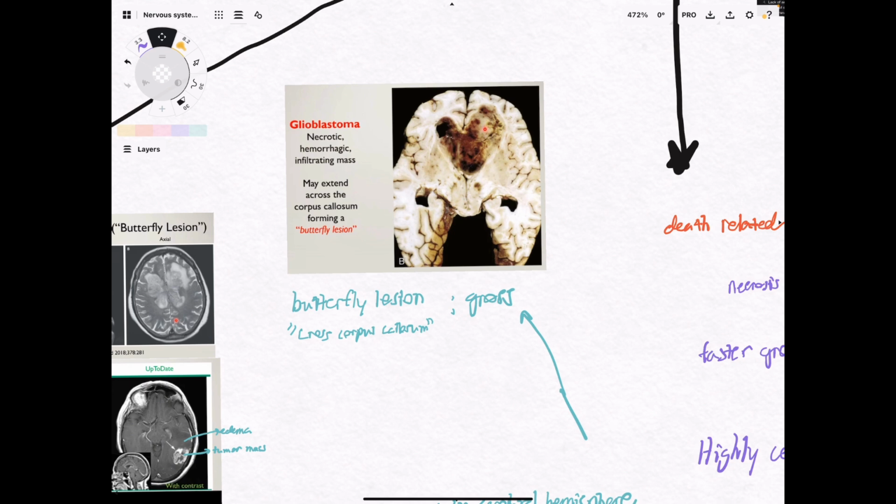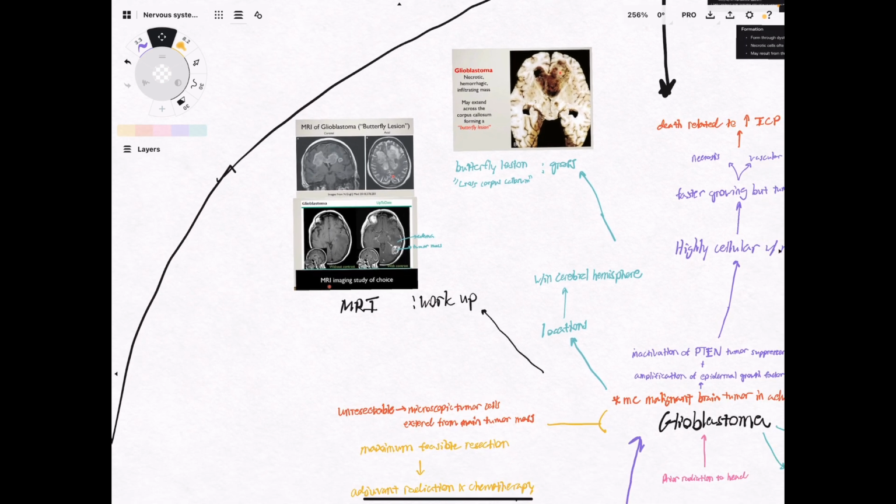And on gross image, sometimes they can present as a butterfly lesion. What a butterfly lesion is: you have the corpus callosum separate the two hemispheres. Well, glioblastomas can cross the corpus callosum, making these wing-like structures. It's referred to as a butterfly lesion, and that's very common for a glioblastoma that's progressed.